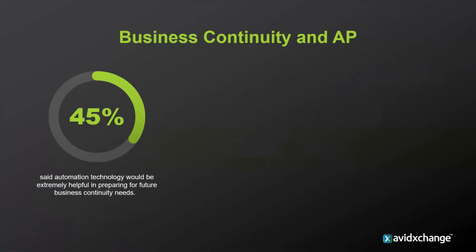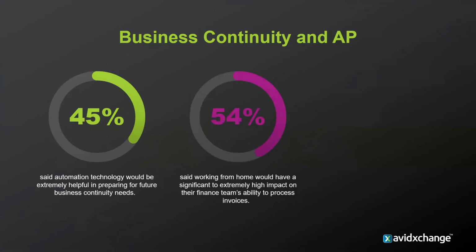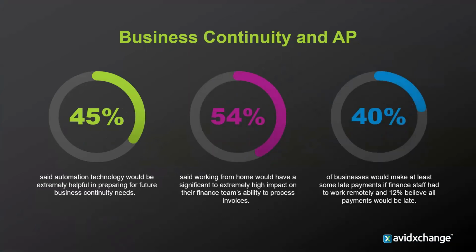If we look at some of the additional stats from companies that were surveyed, as far as what they were looking at coming into this, 54% said working from home would have a significant to extremely high impact on their finance team's ability to process invoices. Well, certainly that 54% has had to find a way, because it's how businesses had to operate under the new normal.